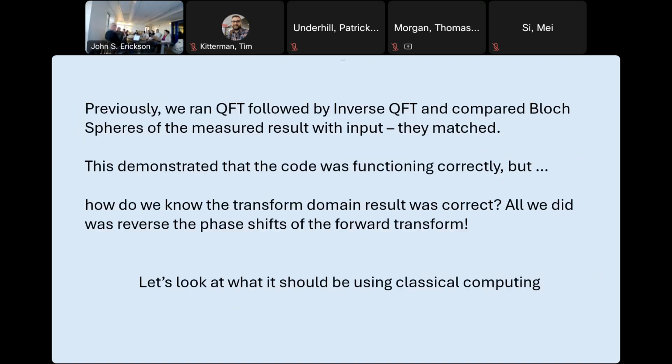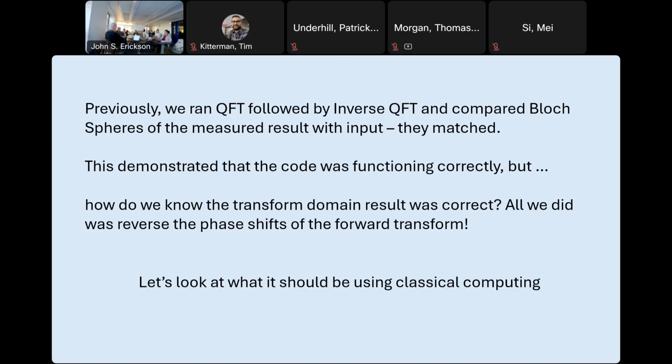Okay. Now this refers back to the first one. One of the things that they did to verify that original quantum Fourier transform code was they ran it on that 5, the 101, and then they took the output and immediately did the inverse transform and got back the original input, which is what you should get if the code is functioning properly.